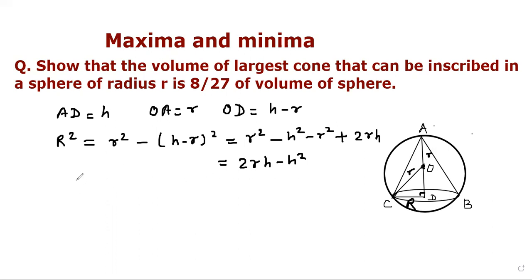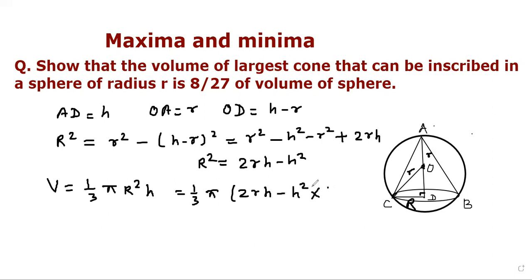Now we have to maximize the volume of the cone. So we write the formula for the volume of the cone, 1 by 3 pi R square h. We put the value of R square. So 1 by 3 pi into (2rh minus h square) times h. Multiplying inside, this becomes 2rh square minus h cube.